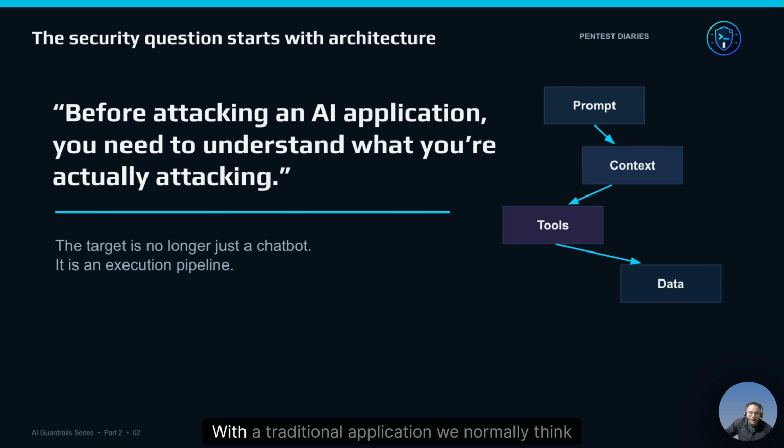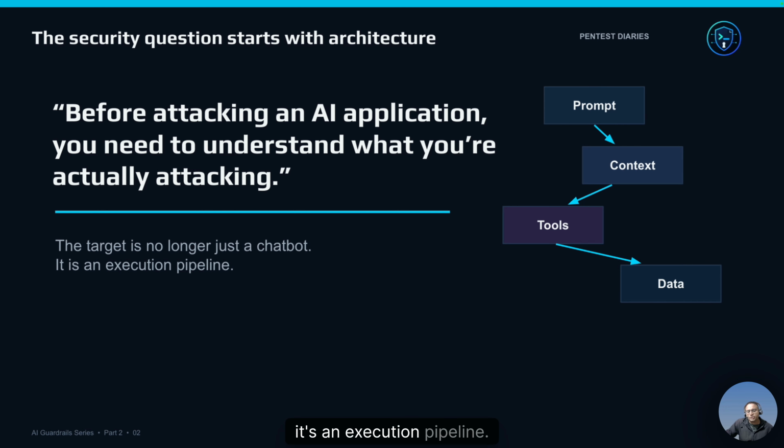attacking. With our traditional applications, we normally think about things like the front end, back end, APIs, database, authentication, and the infrastructure. AI applications introduce another layer. Now we have a prompt, we have context, we have retrieved information, and increasingly we have tools that AI can actually execute. So our security target is no longer just a chatbot responding to our questions.